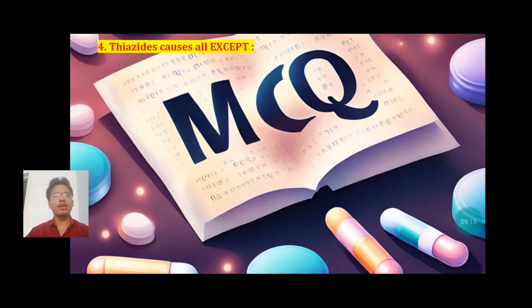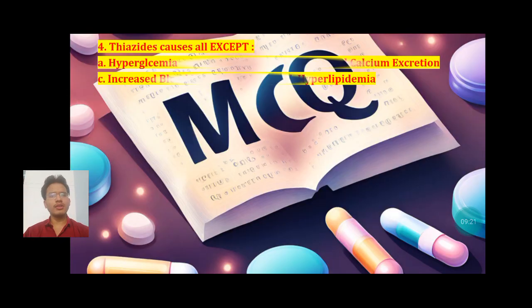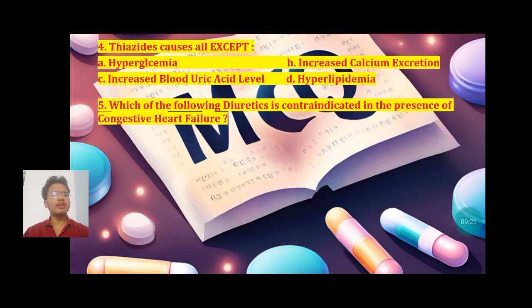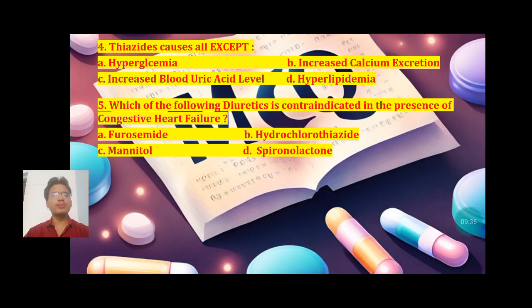The fourth question, thiazide causes all except hyperglycemia, increased calcium excretion, increased blood uric acid level, hyperlipidemia. Fifth question, which of the following diuretics is contraindicated in the presence of congestive heart failure? Options are furosemide, hydrochlorothiazide, mannitol, spironolactone.